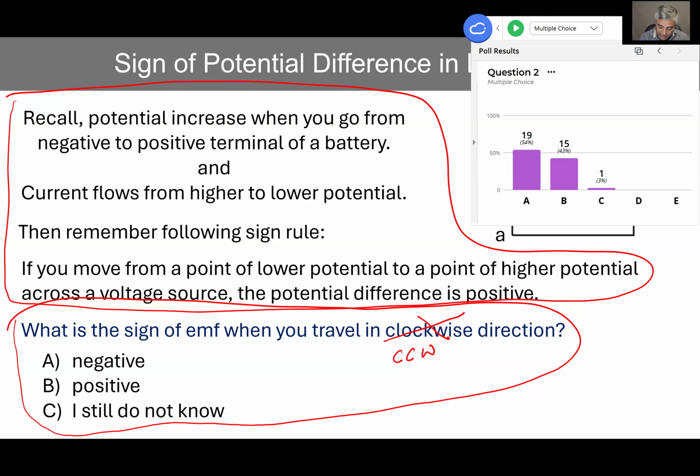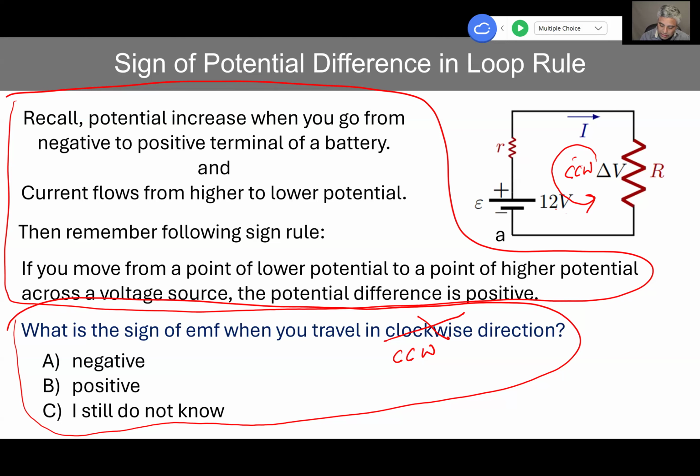Okay, so what we got here? So we have positive and negative. Okay. So when we went clockwise, it was positive. Now, when we go counterclockwise, what happens? See, we are going from higher to lower, okay? So initial is higher, and final is lower.